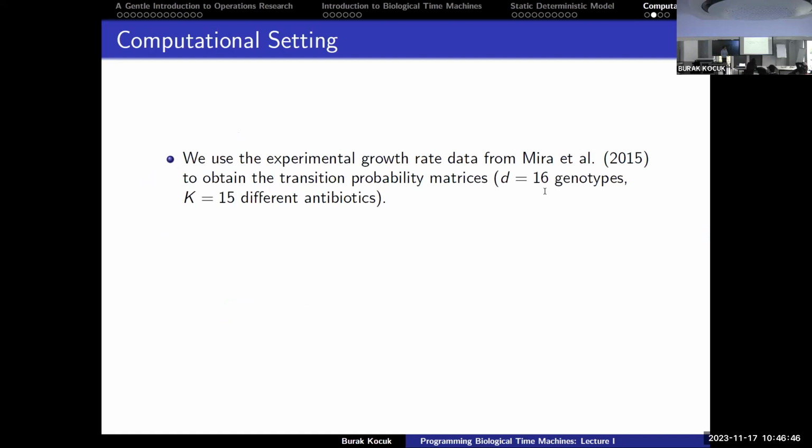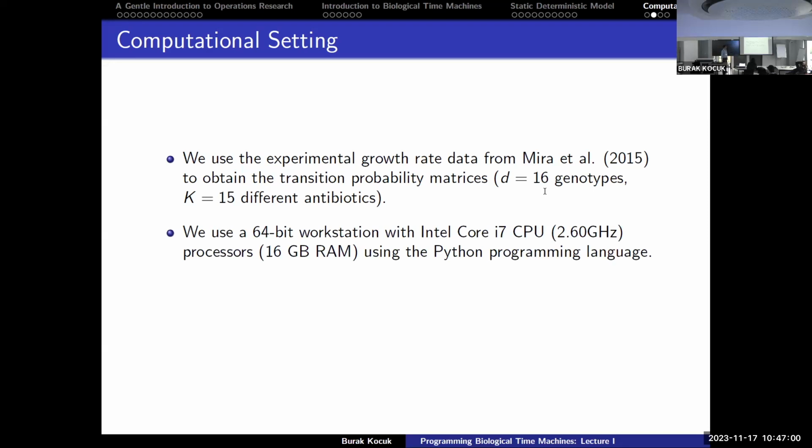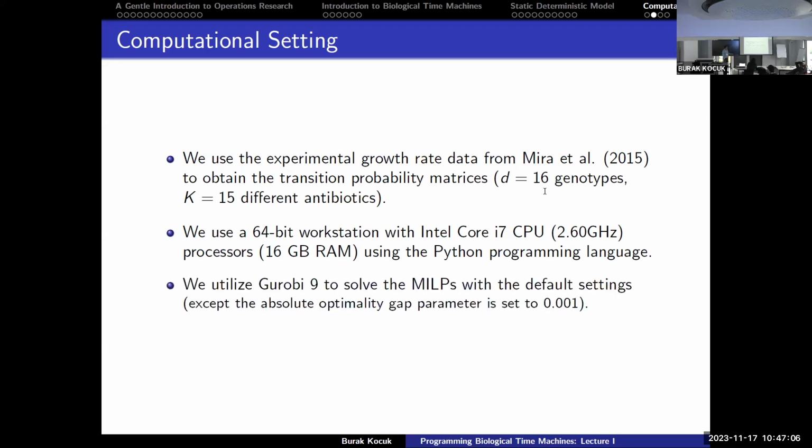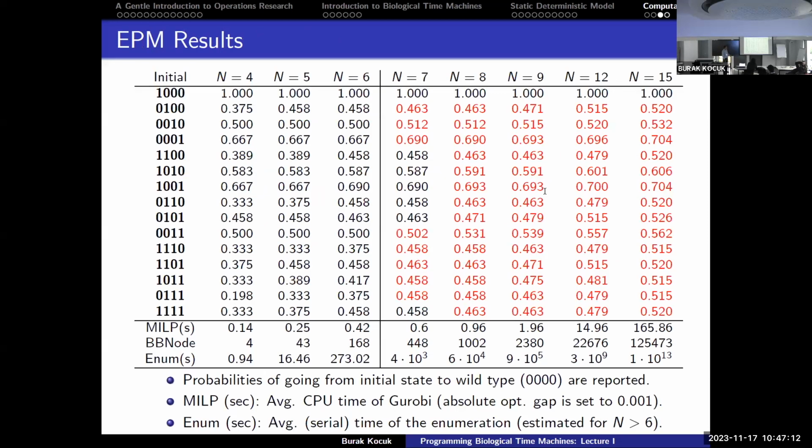So we use this data set from the reporters. They looked at 15 antibiotics and measured the growth rates of 16 genotypes. I used my personal computer to do the experiments, and these are the numbers.